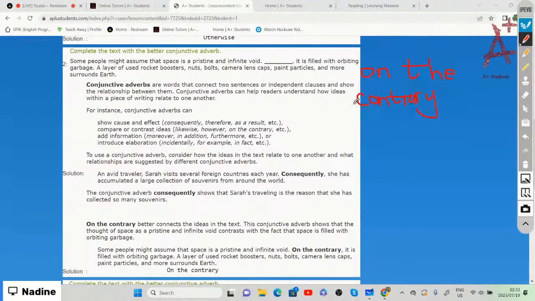But it is actually just filled with orbiting garbage. And the conjunctive adverb on the contrary either compares or contrasts the two ideas.